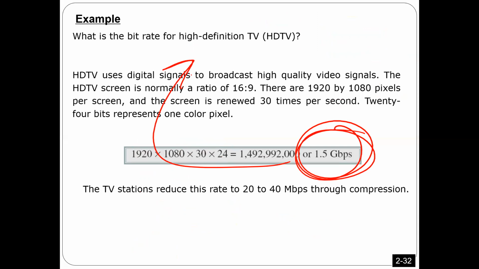But actually, we don't do that, because we usually use compression, and then you decompress the signal. So actually, we can reduce it from this number to this number. Any questions? Yes, because I'm going to use less bandwidth, less communication.